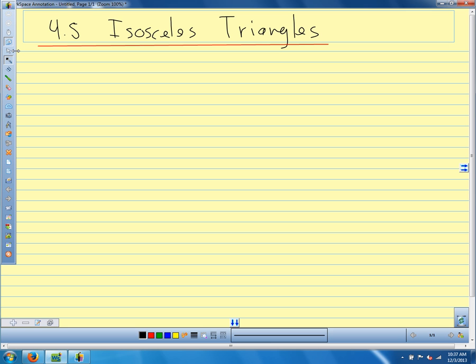Anyone know what an isosceles triangle is? Anyone know what we mean when we say an isosceles triangle? What do you think, Sam? Well, it's like two sides are the same length. Okay, that works perfectly. So an isosceles triangle has two sides that are the same length.